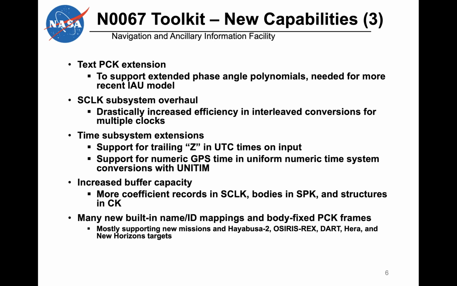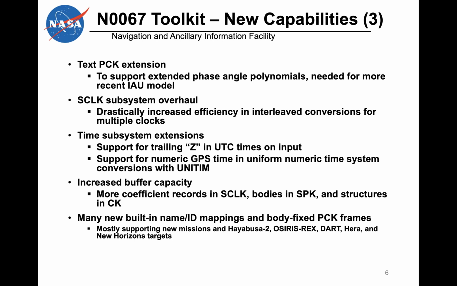This also is useful to accommodate, for example, scenarios in which you would have hundreds of bodies in the SPK subsystem for satellite constellations such as the Starlink constellation of SpaceX, or if you were to model debris as well.